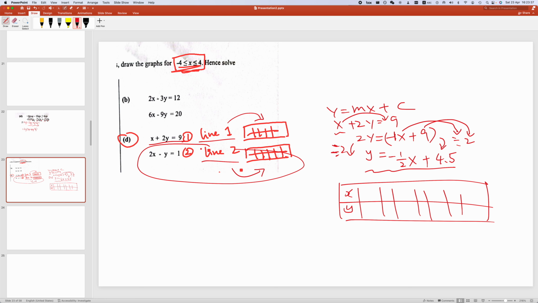Correct. What do you get? Yeah, 6.5. Yes, you just get the negative 4 to negative 3. Then negative 2.